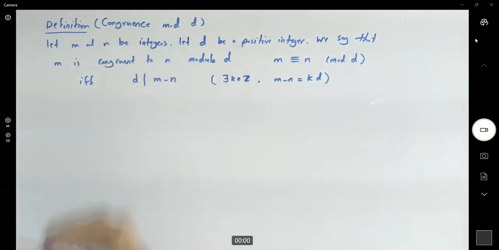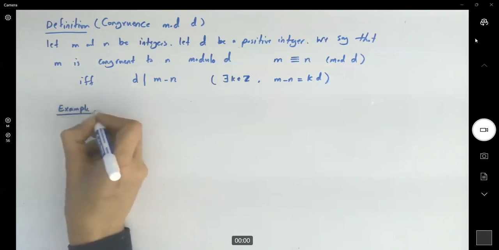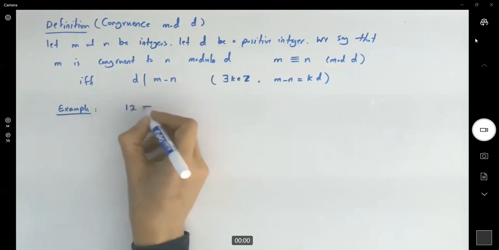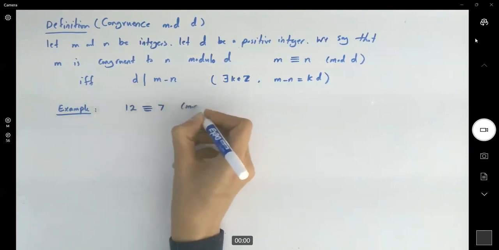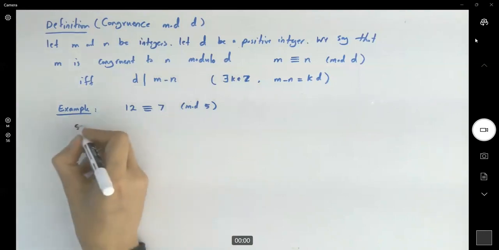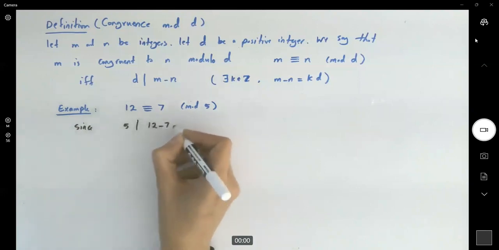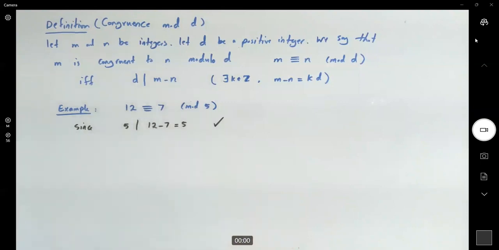Okay, for example, 12 is congruent to 7 mod 5, since 5 divides 12 minus 7, which is 5. So this relation is a correct relation.